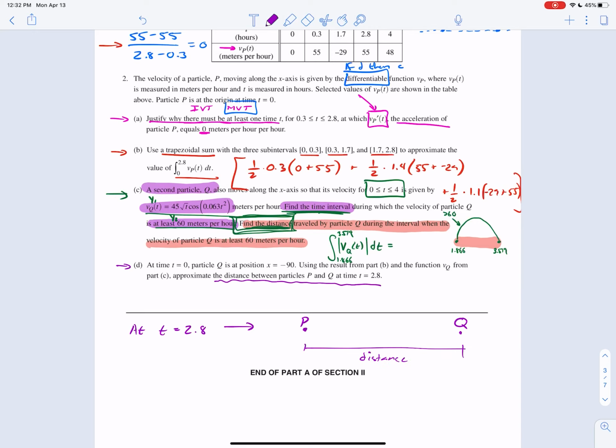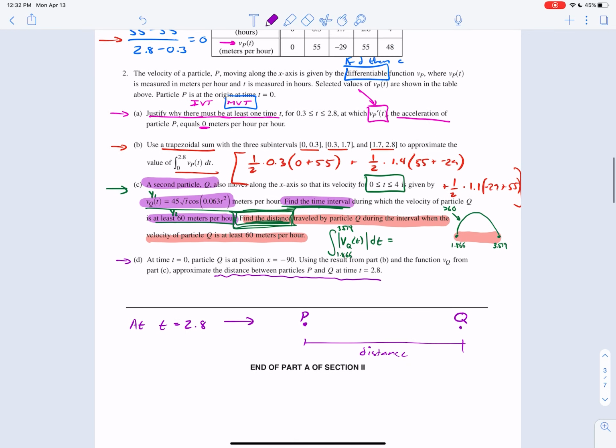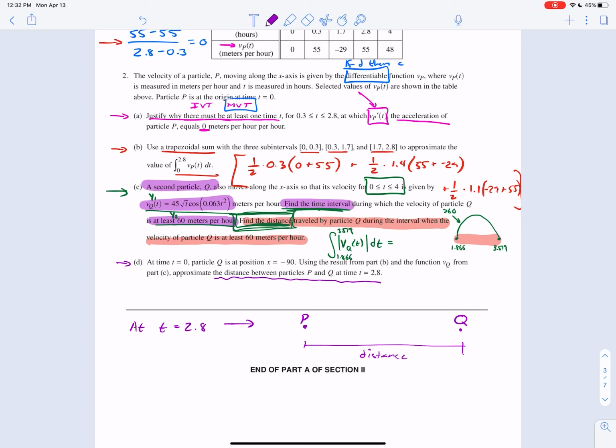So before we find the distance, let's find out where P and Q are first. With particle P, do they give us any fact about where they are?